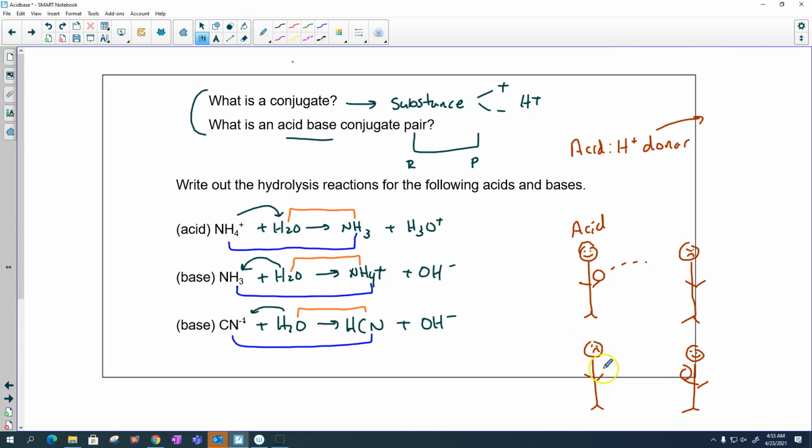The answer is no, because I don't have a ball to give away. So the ball is the H plus ion. And you should note at this point that the acceptor, the person who wants the ball, is the base. So now, not only am I not an acid, I technically have a void where I could take up H plus. Therefore, I am now a base.